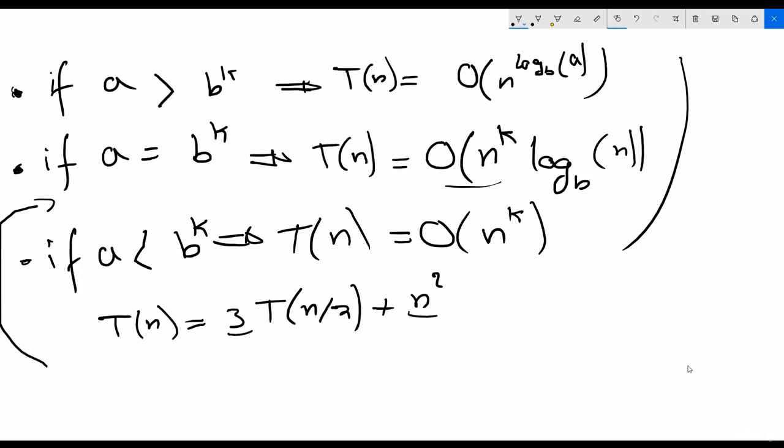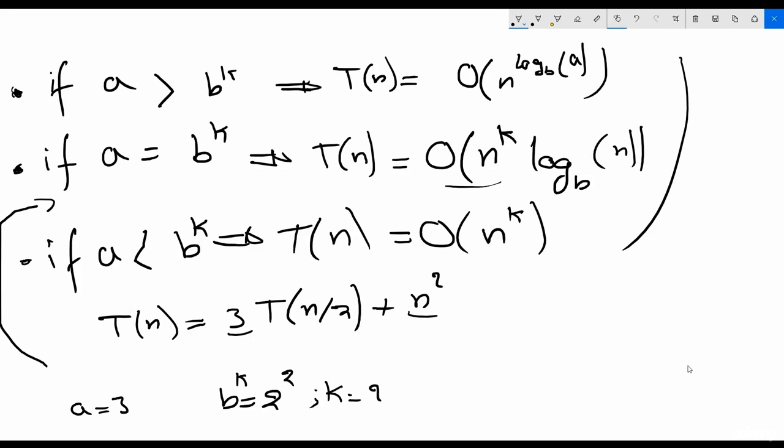Well, we just apply the theorem. So we have a equals 3, b equals 2, k equals 2, okay? So b to the power of k equals b to the power of 2, so that's 4.